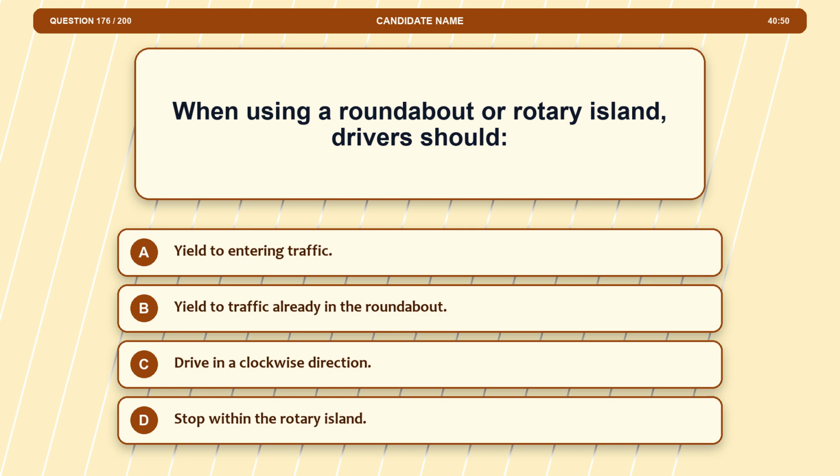Question 176. When using a roundabout or rotary island, drivers should Option A, yield to entering traffic. Option B, yield to traffic already in the roundabout. Option C, drive in a clockwise direction. Option D, stop within the rotary island.